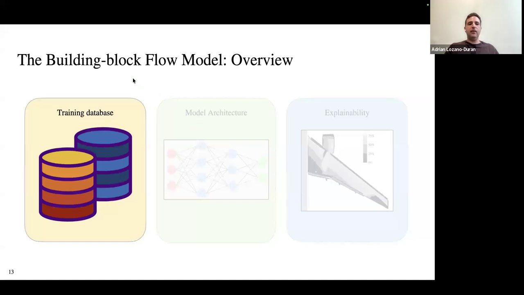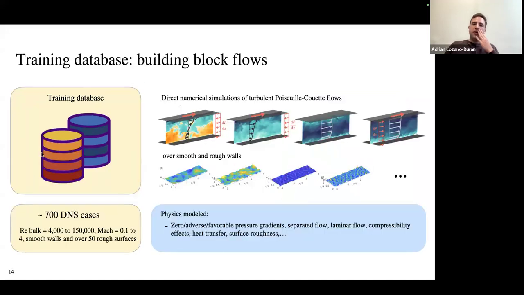So let's start with the training database. The training database are very simple cases, these direct numerical simulations, and they are turbulent Poiseuille-Couette flows. That means that we have two walls. One is moving with a velocity relative to the other, and there is also a pressure gradient. So that's what is represented here.